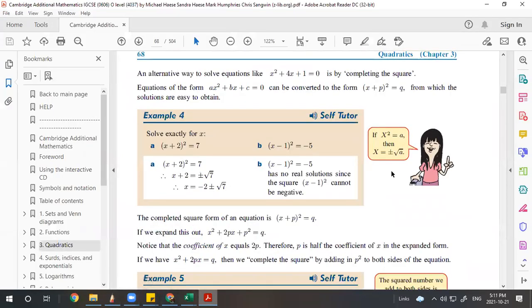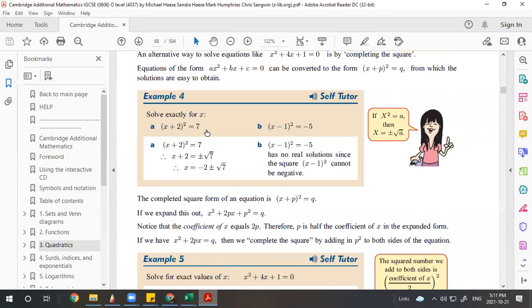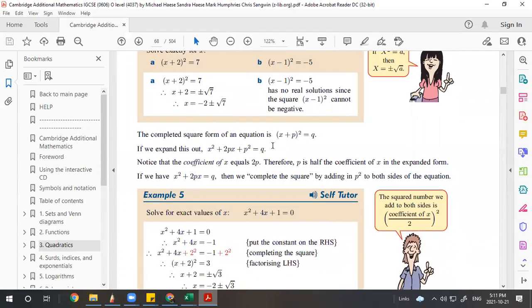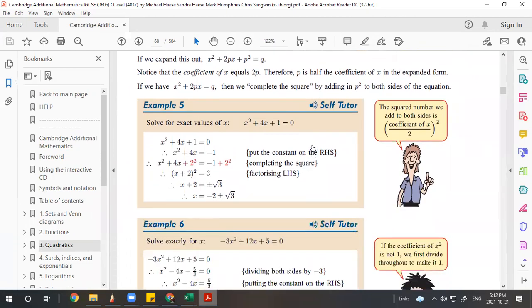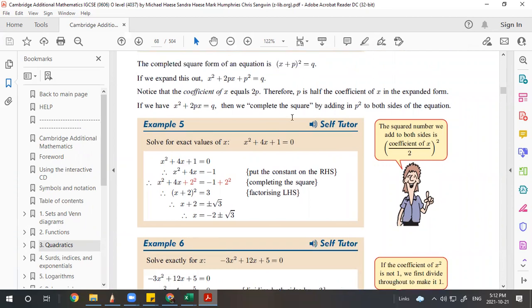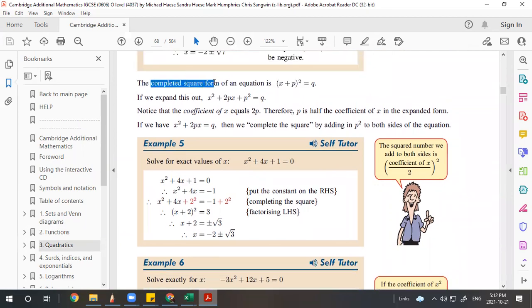Now, solving. Okay, square root, right? And then what you need to do here is the perfect square method, right? Have you learned about this perfect square or the complete square? Yes.